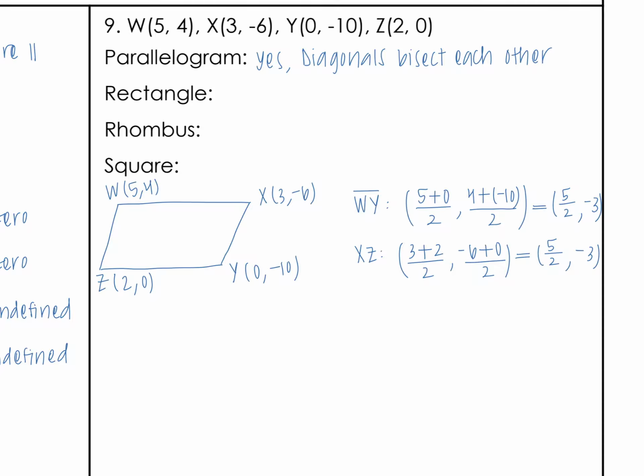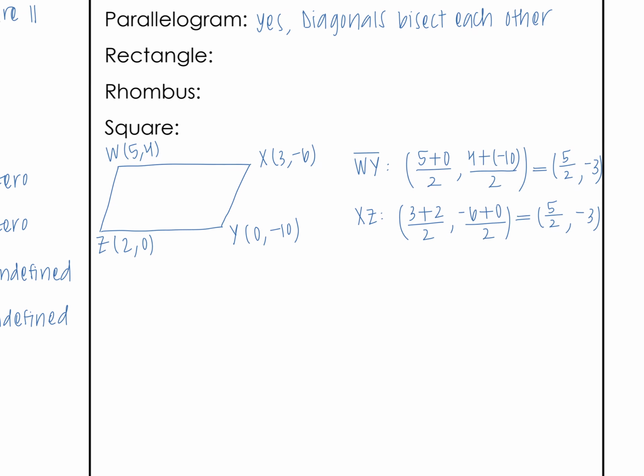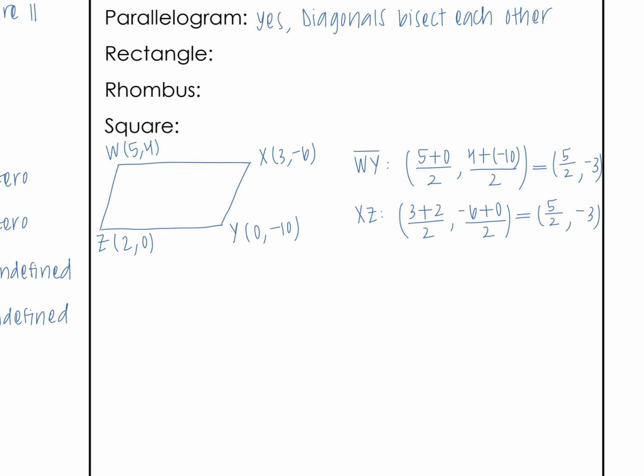Okay, then moving into our rectangle. So for the rectangle, we've talked about how you can find the consecutive sides' slopes and determine if they are perpendicular. Another way is to determine if your diagonals are going to be congruent.